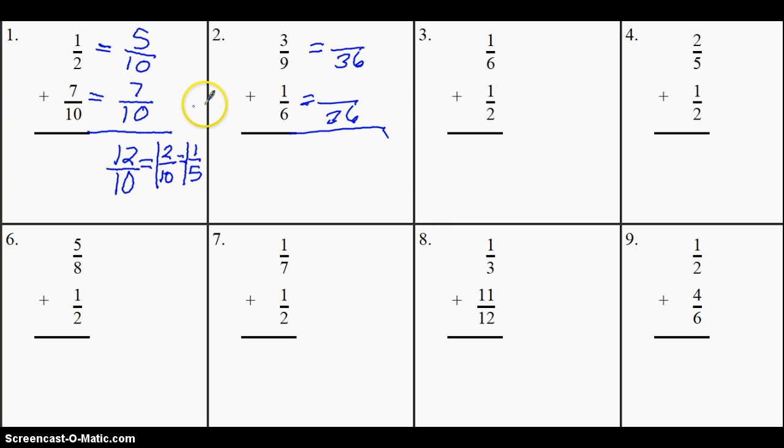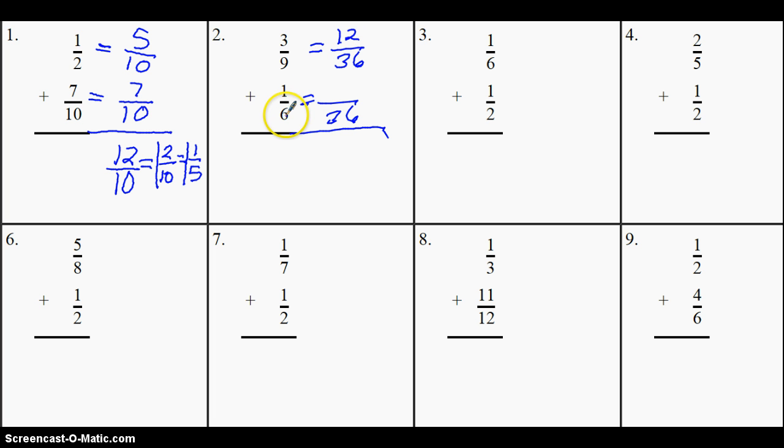Now here I know that 9 will go into 36 4 times. 9 times 4 gives us 36. So if I multiply the denominator by 4, I have to multiply the numerator by 4. 3 times 4 equals 12.